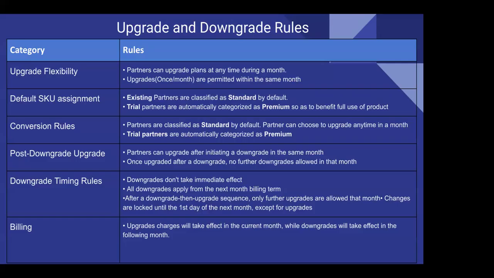So that way we are allowing him one more time to revert back to premium. So one upgrade, one downgrade, and an option to revert back to premium while he's in the premium SKU in that particular month. These are the rules for SKU changes.